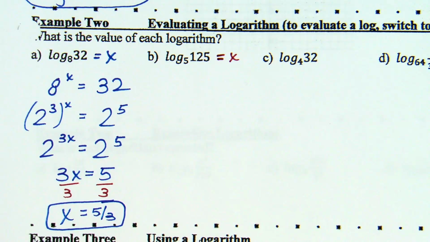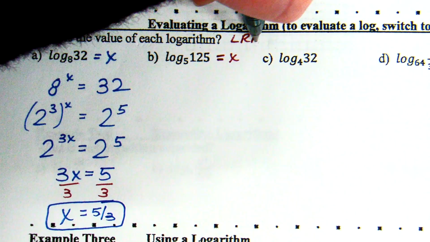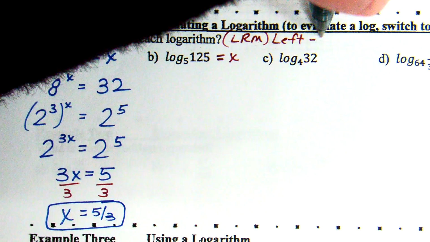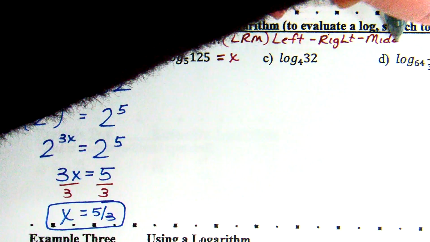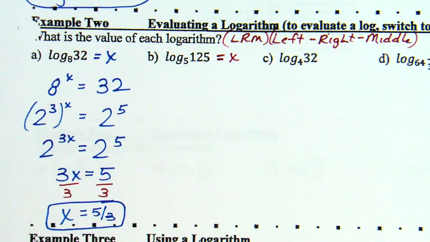What do I do to get out of this form? What's my phrase today? Left, right, middle. So if I rewrite this using left, right, middle, how does it rewrite?